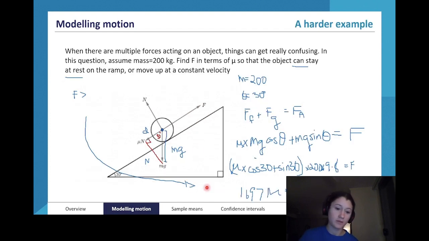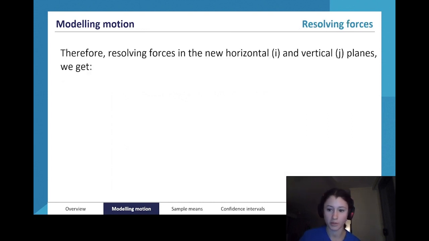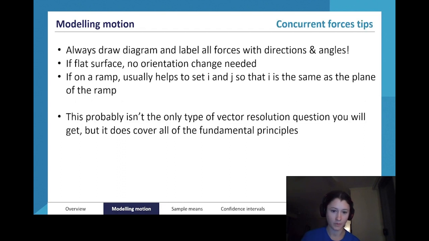We kind of rotated them and looked at them with respect to our inclined plane instead of with respect to the ground, which gives us a lot more ability to work with the question.